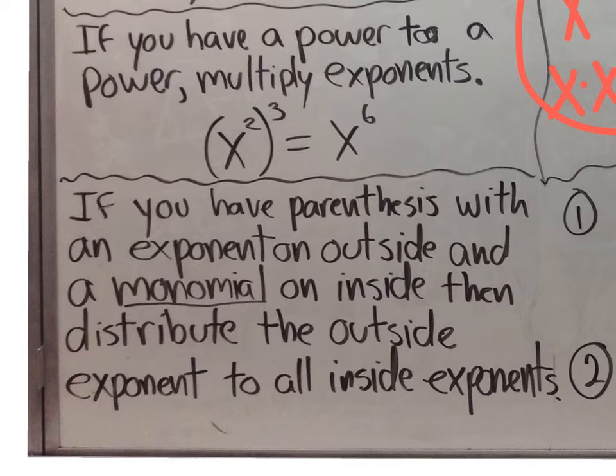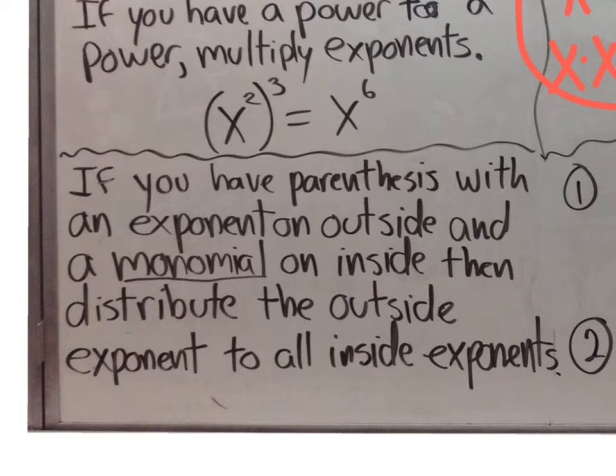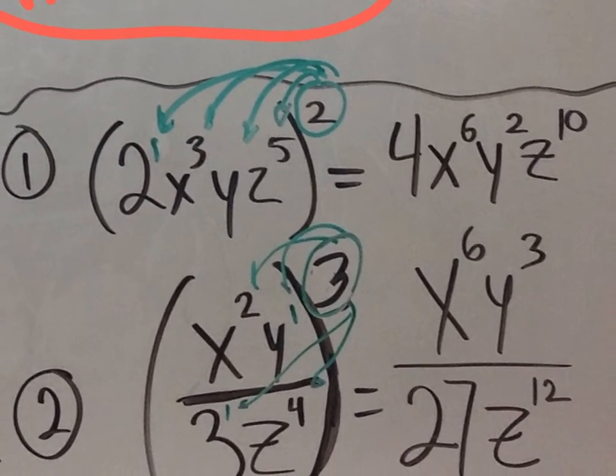So let's take a look at, let's finish this. It says, if you have parentheses with an exponent on the outside and a monomial on the inside, then distribute the outside exponent to all the inside exponents. Okay, so number 1 right here, the example that we show, it does have a monomial in here. Notice there is no plus sign like 2x to the third plus yz to the fifth.